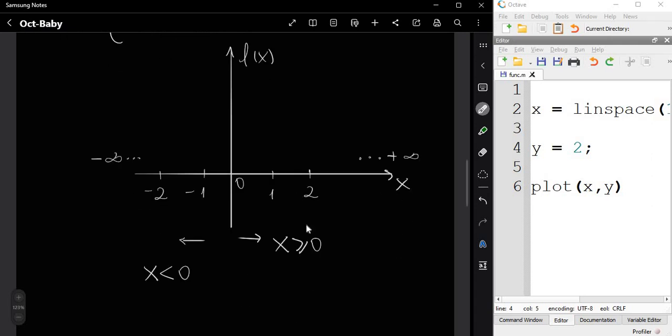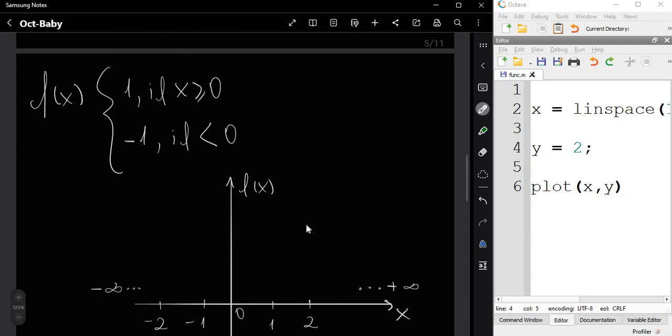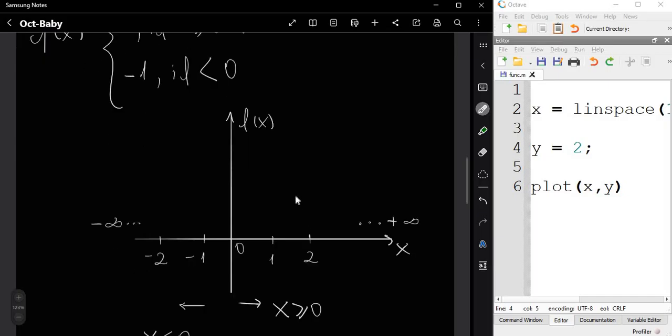And if the function gets values greater or equal to 0, the function will be positive 1, and right here is -1.